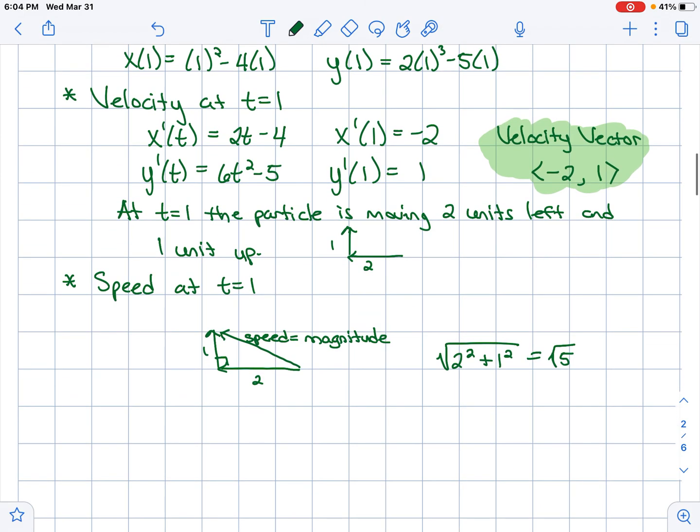Let's see if we can write this more generically. So in this case, the speed at t equals 1 is the square root of 5. But let's write this more generically.